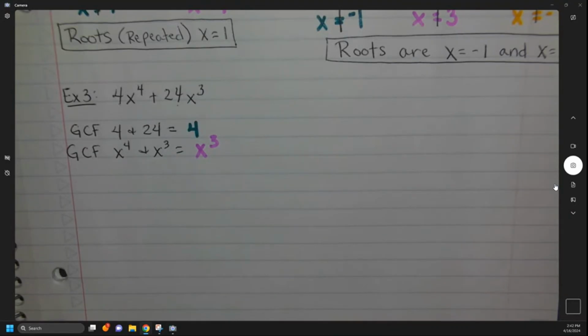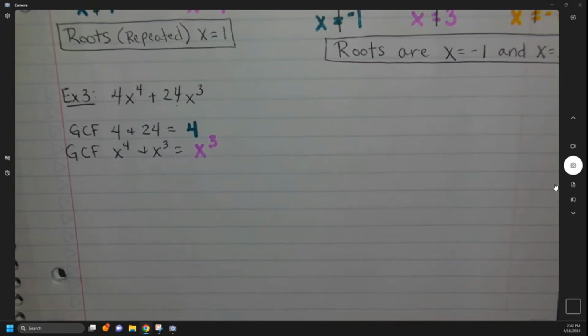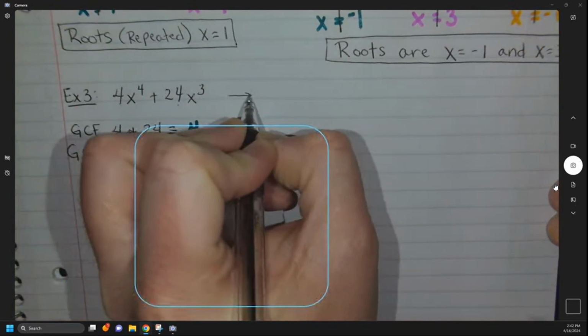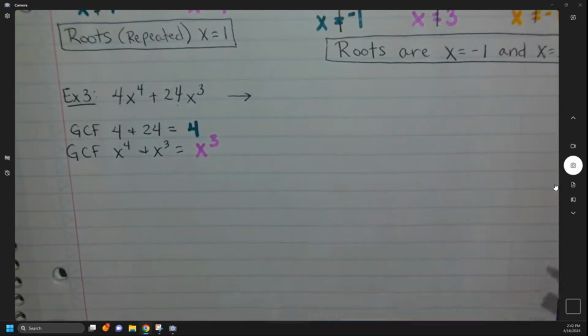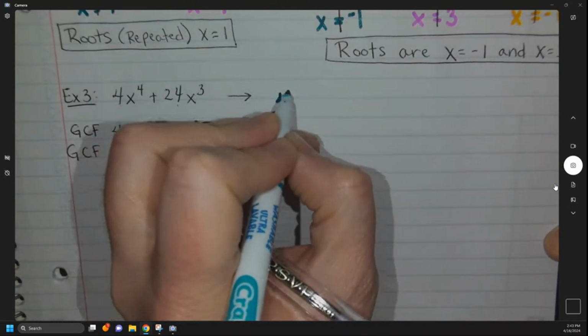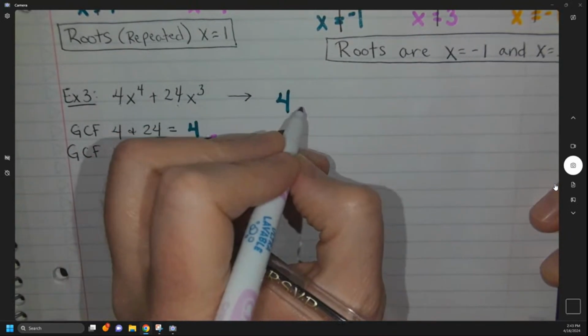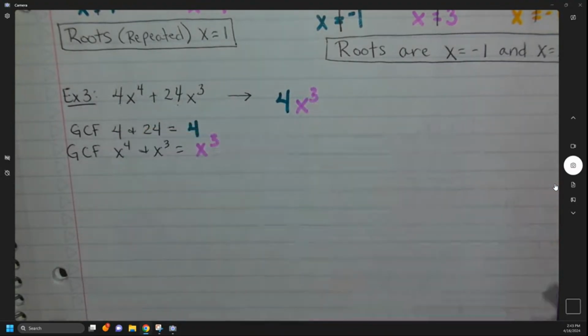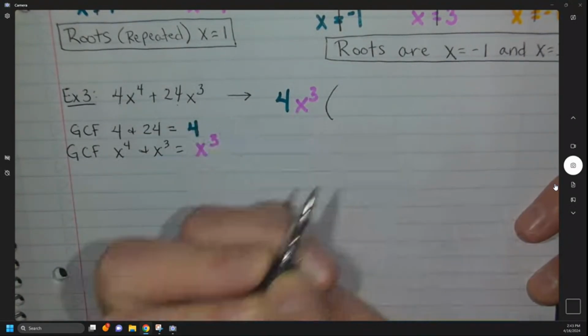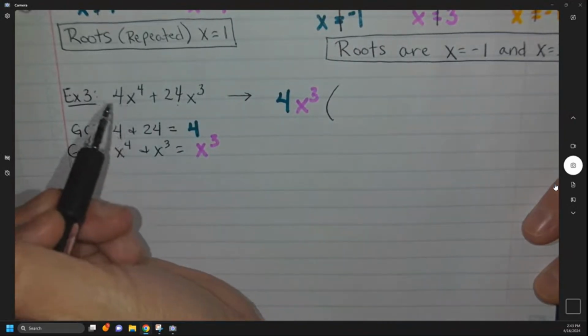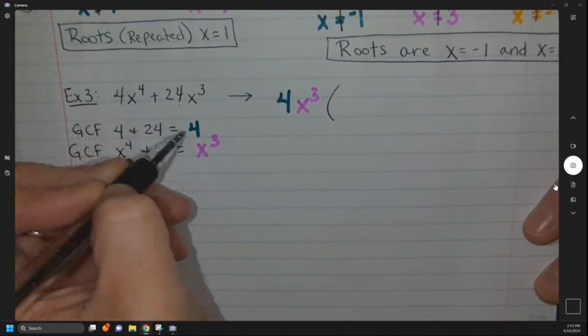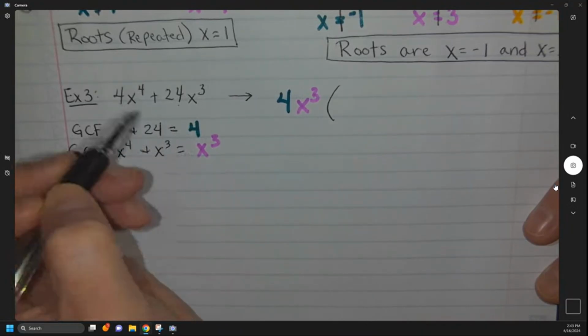So when I do that, again, my factored form, I'm going to just write this over here. My greatest common factors are going to be outside. So 4 and x to the 3rd, those are my greatest common factors. Everything inside my parentheses is what's left after I divide. So 4 divided by 4 is 1.